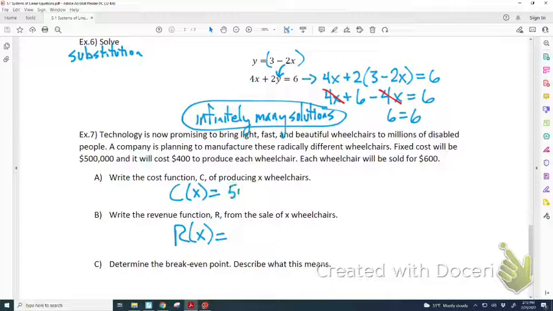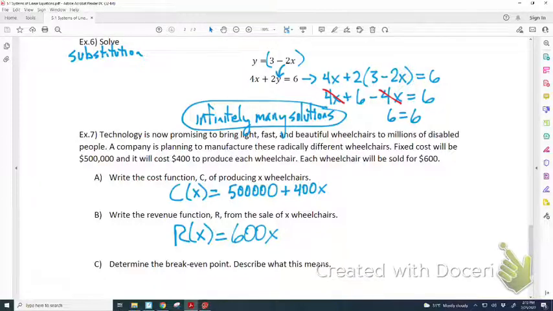Looks like we're out of pocket $500,000 at the outset. To start a new business is pretty costly. And then it's going to cost $400 a wheelchair. So naturally, we're going to charge more than $400 to sell it because I need to make some money. And that's it for A and B.